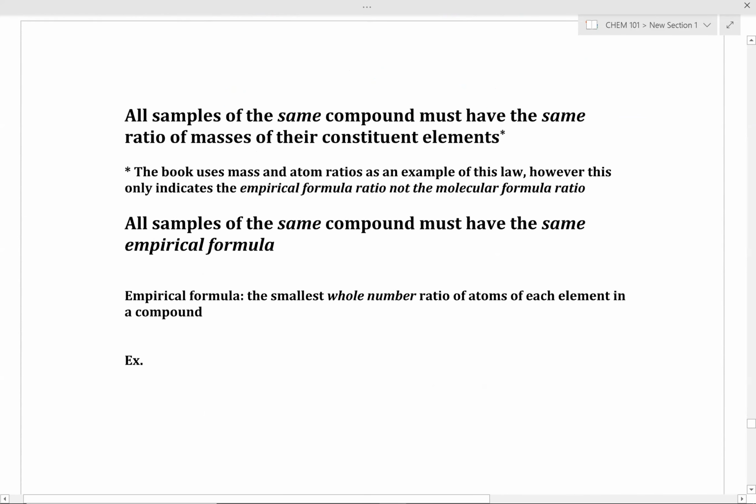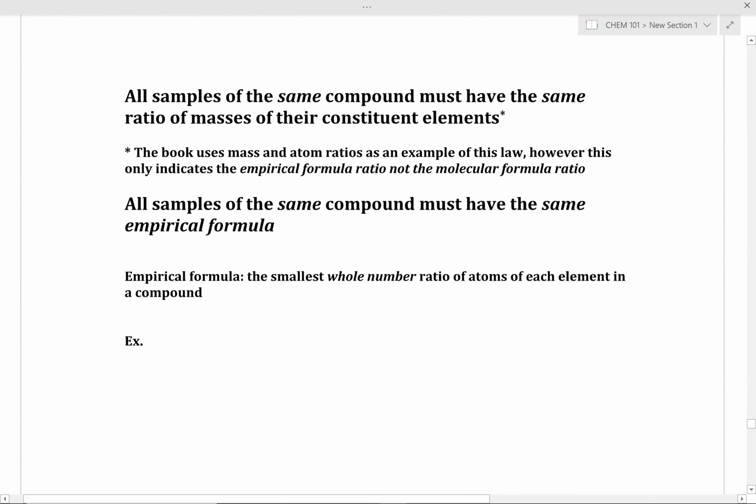Now, there's one little caveat I need to discuss when we talk about mass ratios. In the law of definite proportions, if it's the same compound, they will supposedly have the same ratio of masses of their constituent elements.